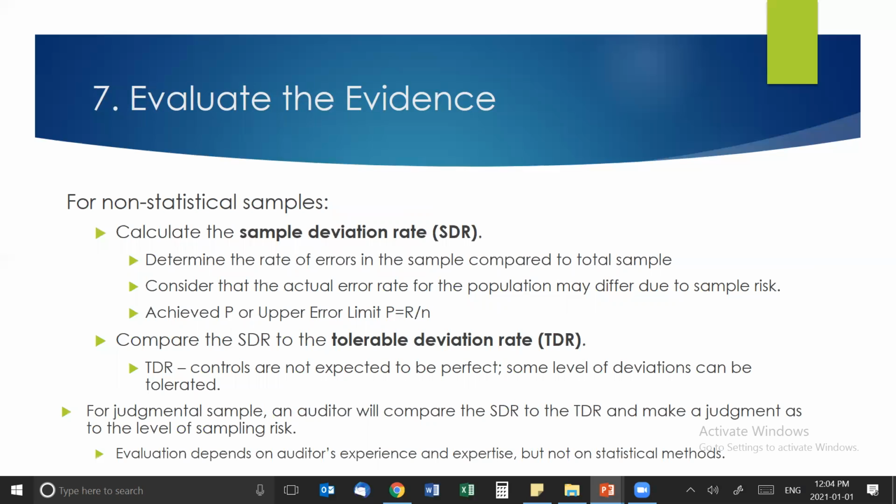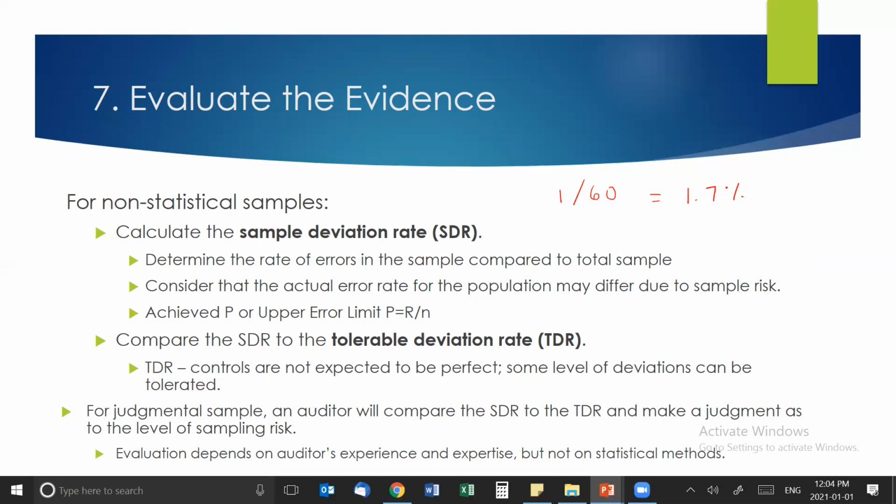For example, if you looked at 60 samples and found 1 error, like if you're looking at whether everything that got shipped out has a shipping document, and 1 did not have a shipping document out of the 60 samples you chose, then your sample deviation rate would be 1.7%. Okay, so that would be the error rate.